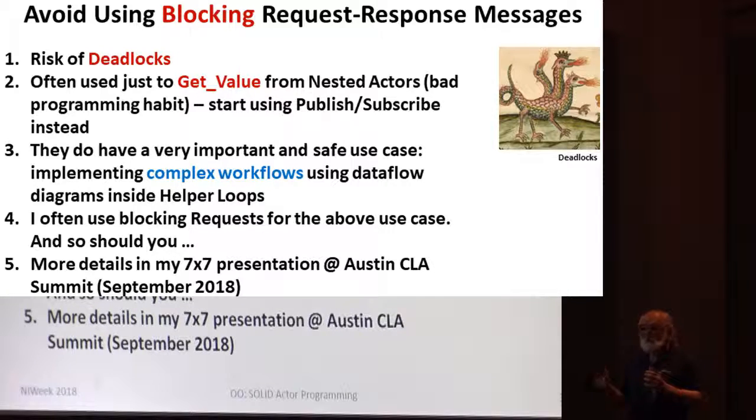If you have lots of get values, you need to reconsider how you interact between actors. But the safe and really important use case for blocking request response, for me, is implementing complex workflows.